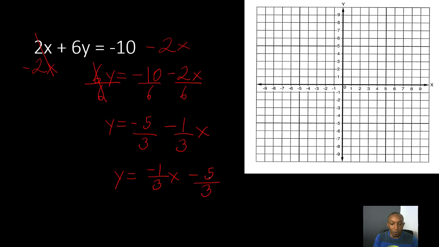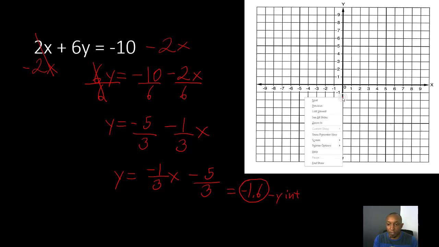So remember, here's our y-intercept, and if you were to put -5/3 in the calculator, that's going to give us -1.6. So I'm going to graph this y-intercept right here. And so if we're looking at -1.6, we're looking at about right there.